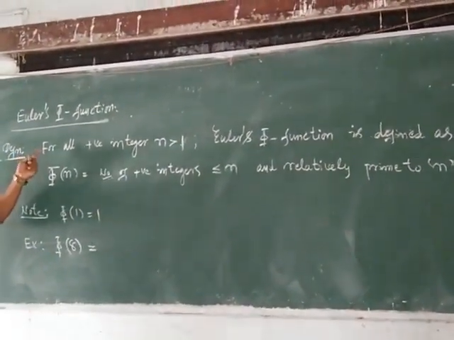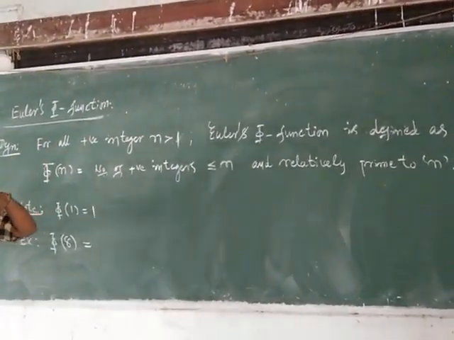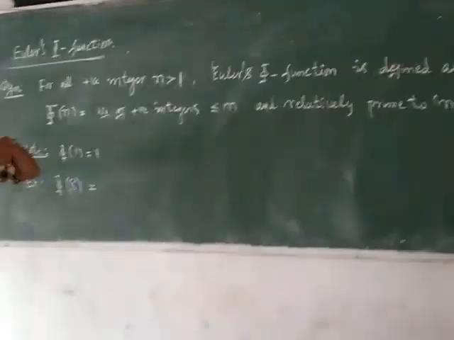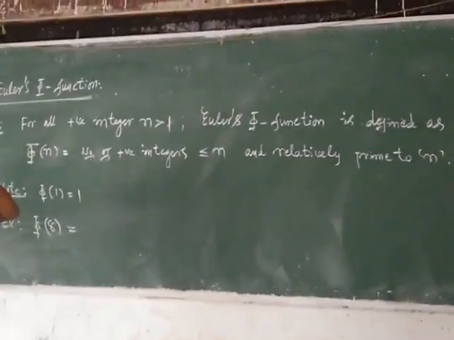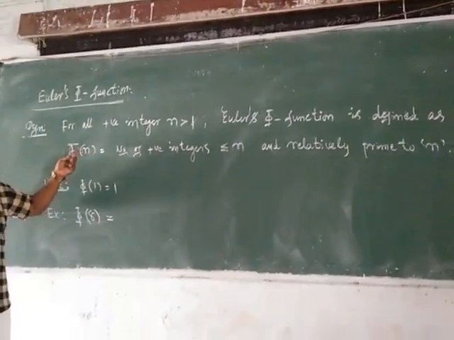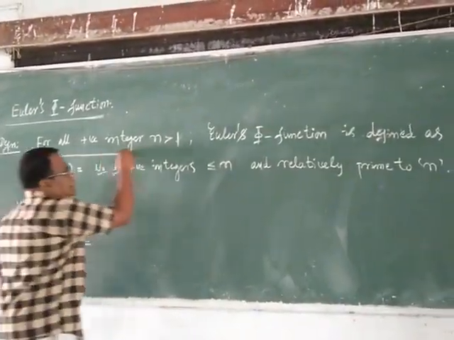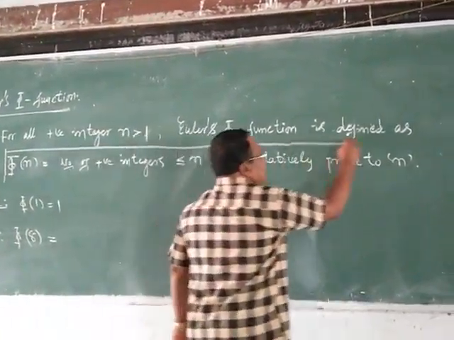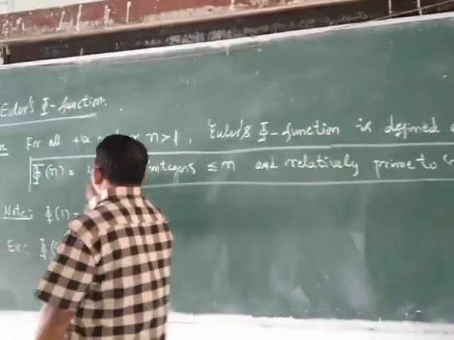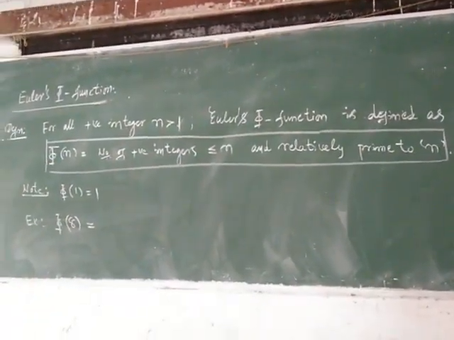Please see the definition once again. For all positive integers n greater than 1, Euler's phi function is denoted by phi n, and it is defined as the number of positive integers less than or equal to n and relatively prime to n.